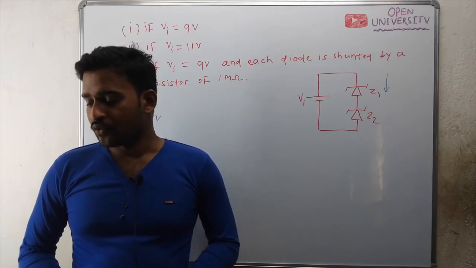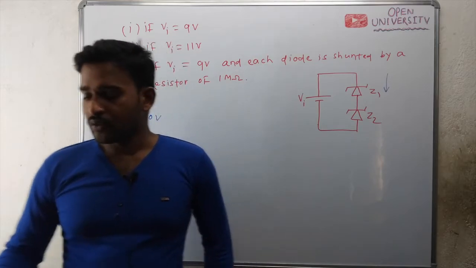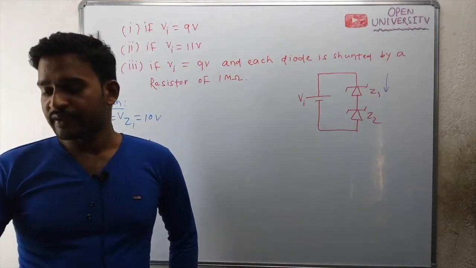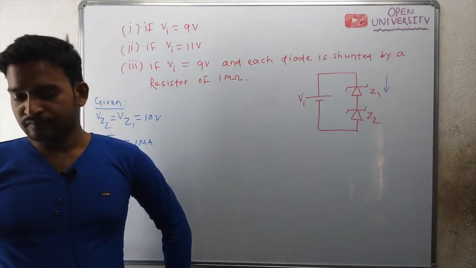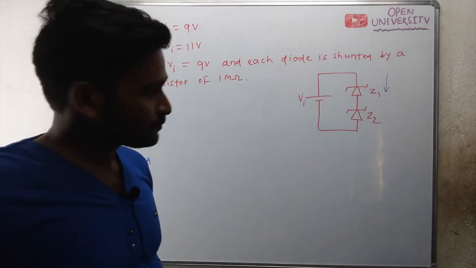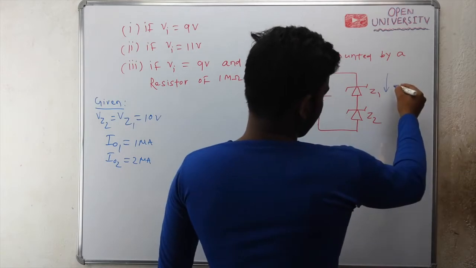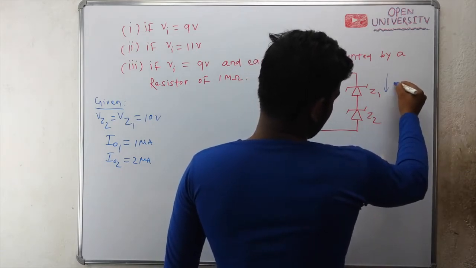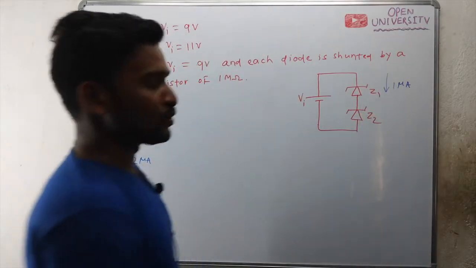That is, 1 microampere will flow through each diode.